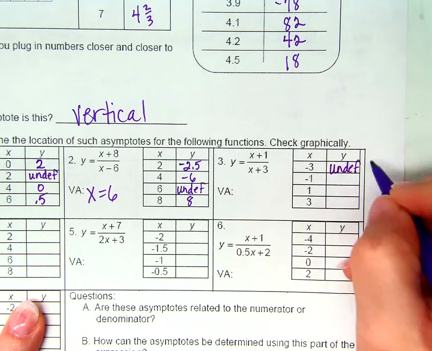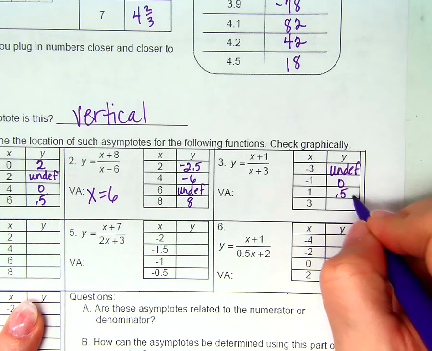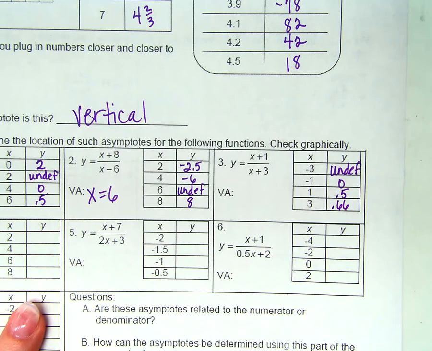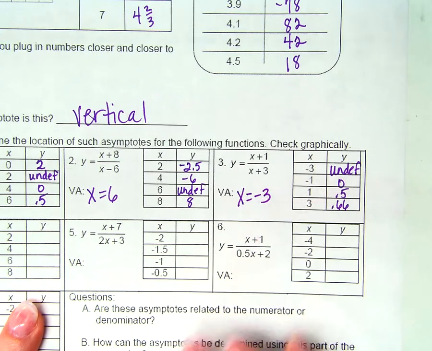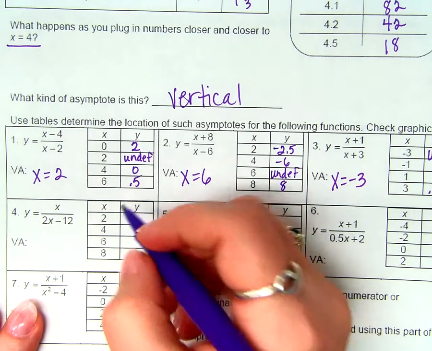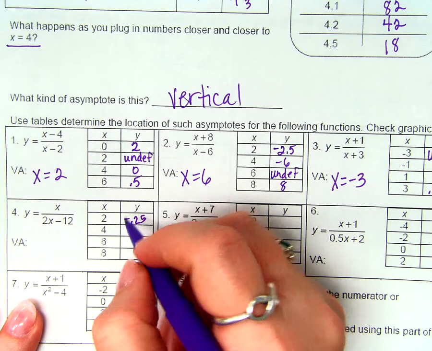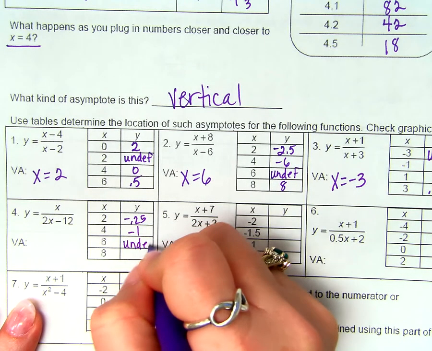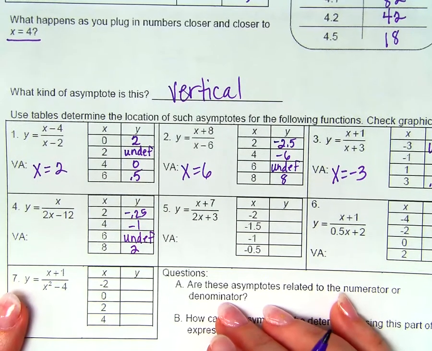Undefined. Okay. 0. Okay. 0.5. 0.66. Where's your vertical asymptote? X equals -3. Good. Number 4, -0.25. All right. -1. All right. Undefined. All right. 2. Okay, where is your vertical asymptote?